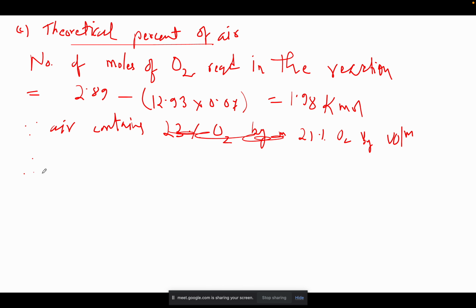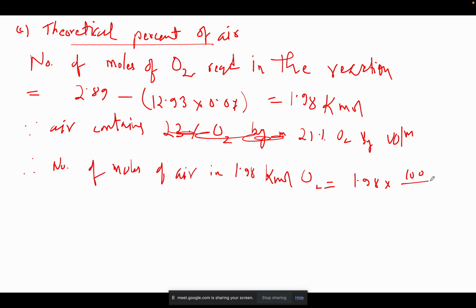so therefore number of moles of air in 1.98 kilomole O2 is basically 1.98 into 100 by 21 kilomole.